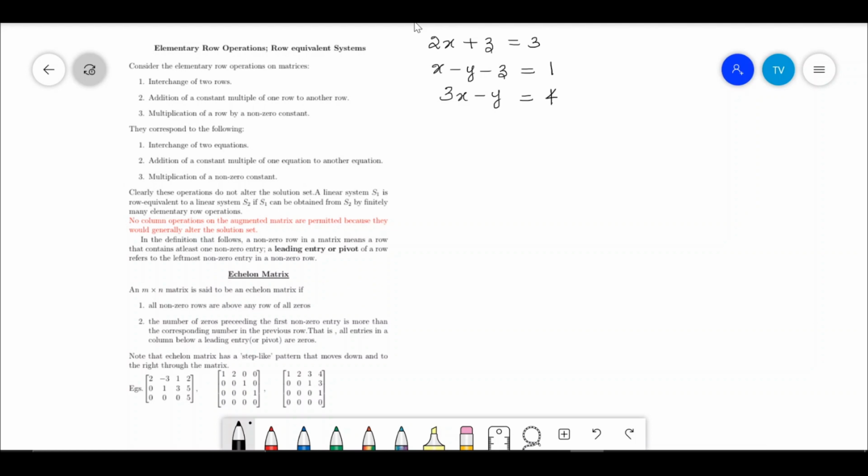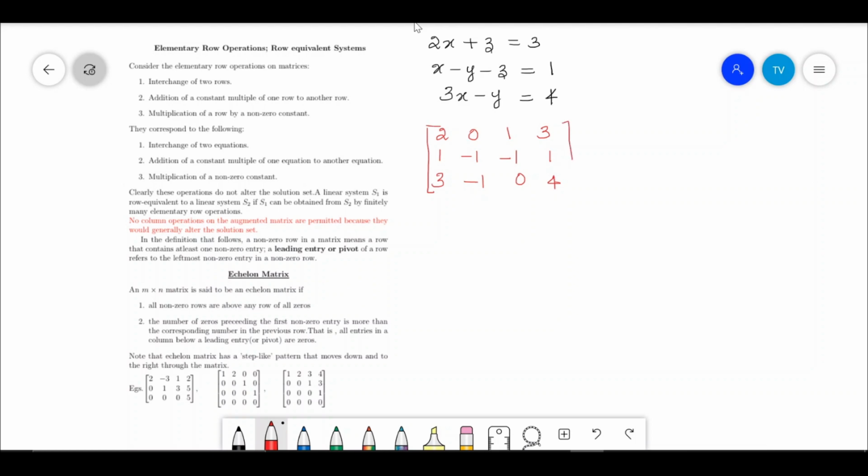Now consider the first elementary row transformation, interchange of two rows. And before getting into this, let me write down the corresponding augmented system. 2 0 1 3, then 1 minus 1 minus 1 1, 3 minus 1 0 4.